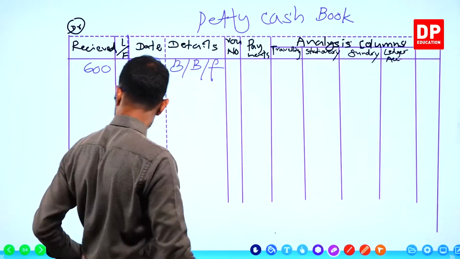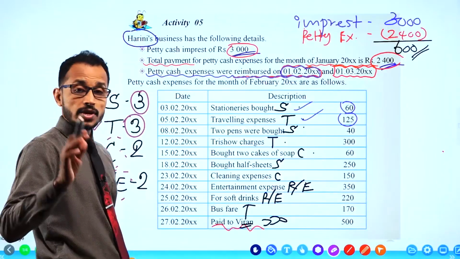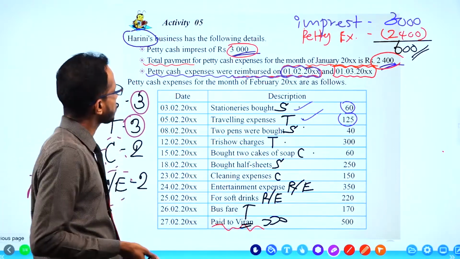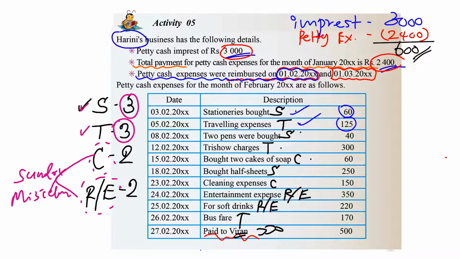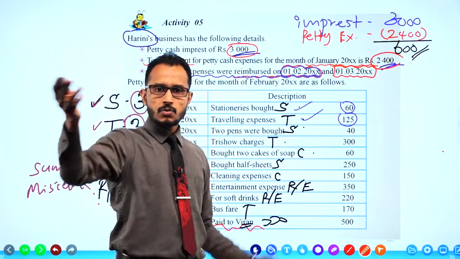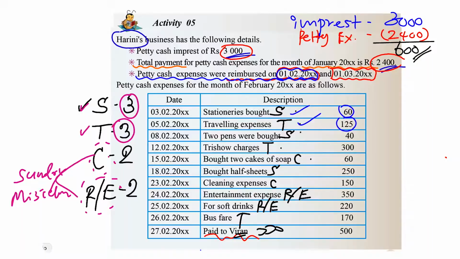Okay, right. Now we'll go and record the reimbursement, reimbursed on 1st February. How much is the reimbursement? You tell me. Well, we know that the imprest is 3,000. And we know that 2,400 is already gone and 600 is remaining.